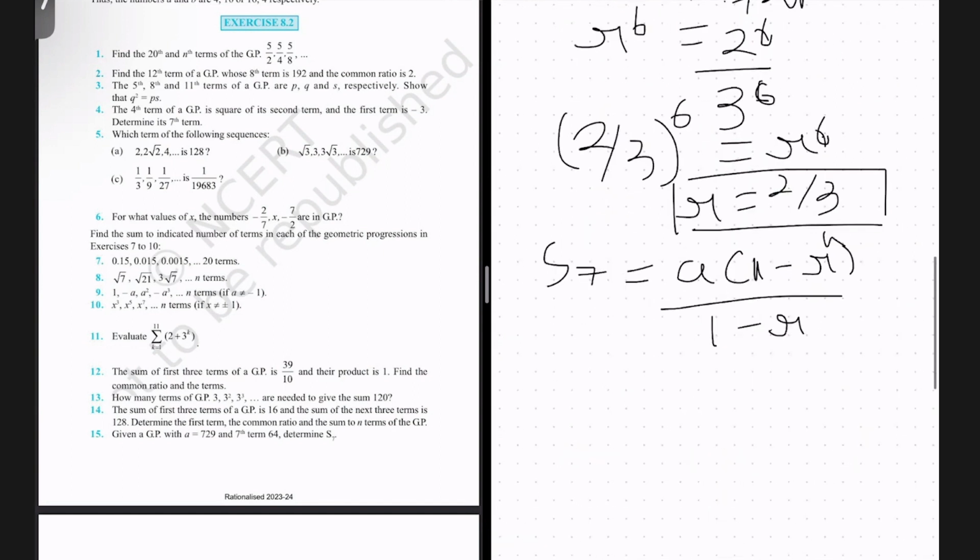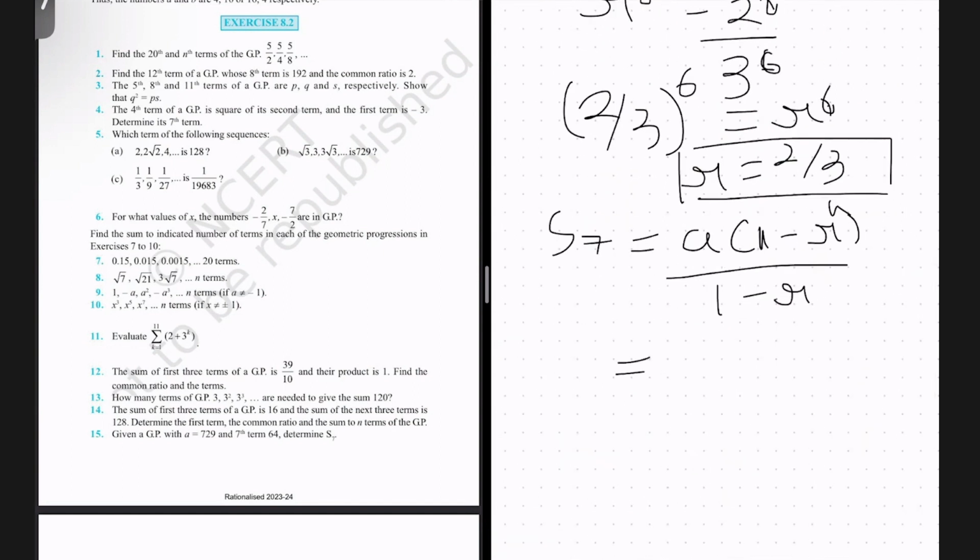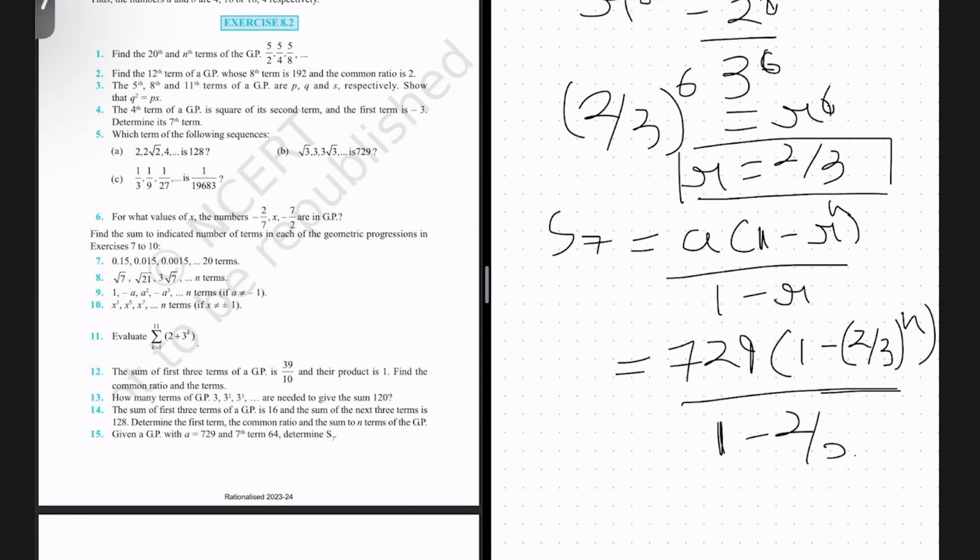Correct. Plugging in the values of a and r, you have a as being equal to 729. In the brackets, you have 1 minus (2/3) raised to the power n, and in the denominator you have 1 minus 2 by 3. So that is going to be nothing but 1 by 3, and 3 gets multiplied up into the numerator.